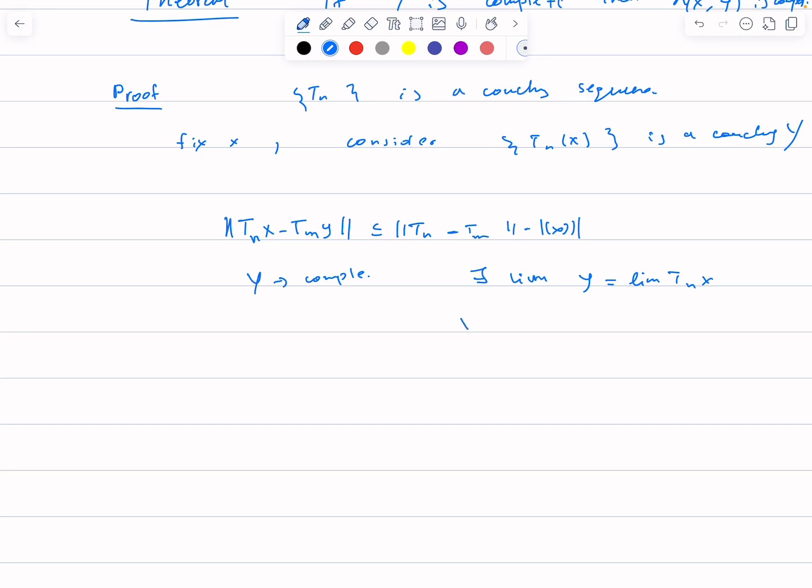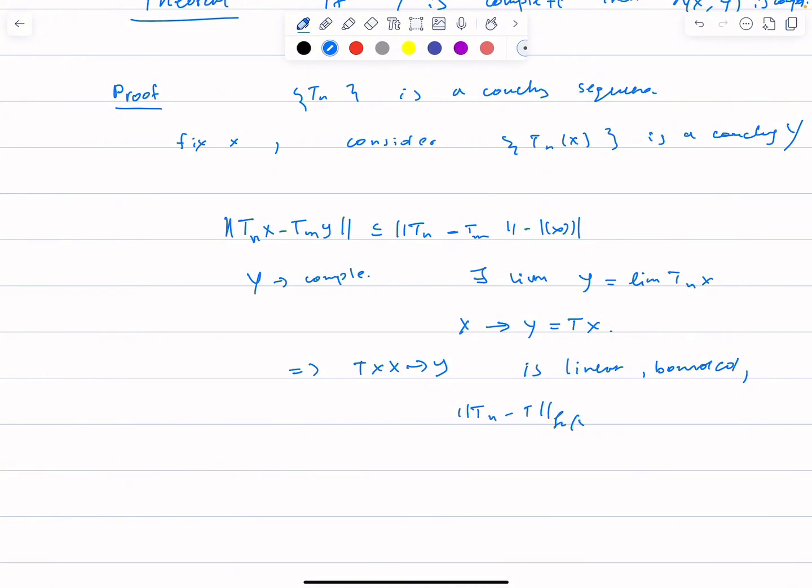So it means Tn x converges to Tx. So this defines T from X to Y, which is linear and bounded. So Tn minus T in L(X,Y) goes to 0.